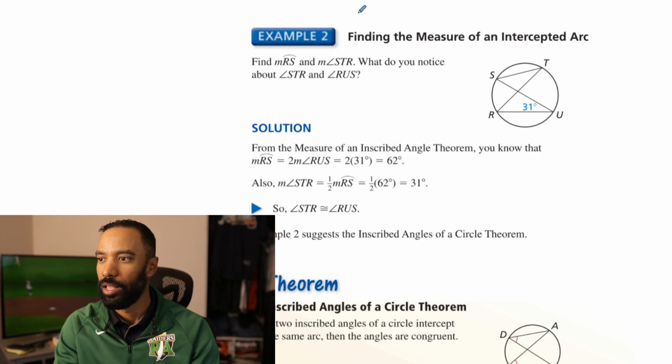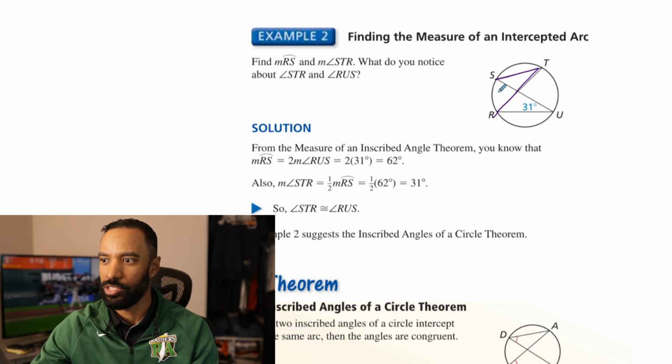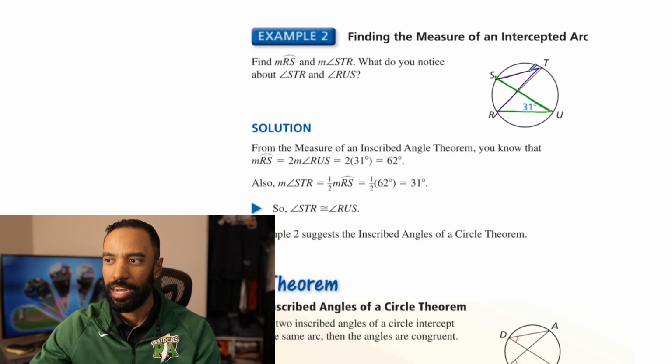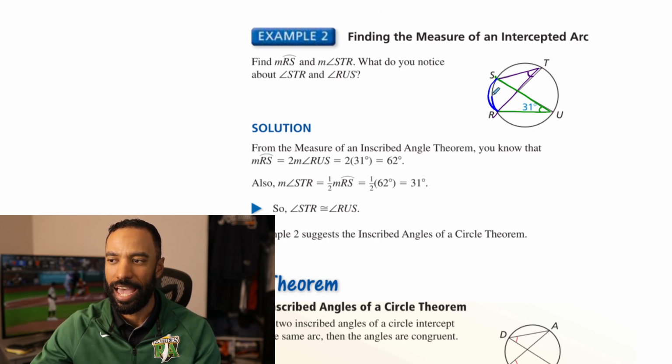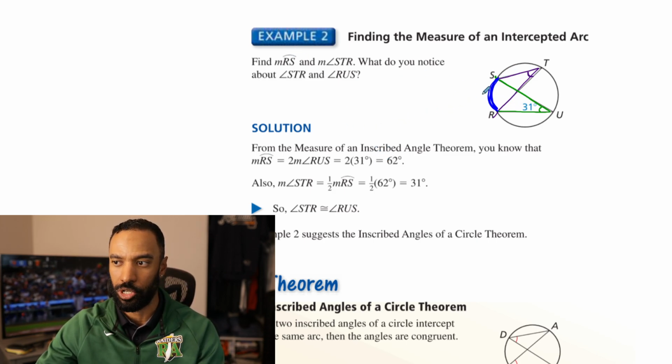Another example. Find the measure of arc RS and angle STR. What do you notice about angle STR and angle RUS? So let's take a look. They're going to be talking about the fact that angle STR and RUS are both inscribed angles, number one, and number two, they both share the same intercepted arc SR. They ask you to find the measure of arc RS.